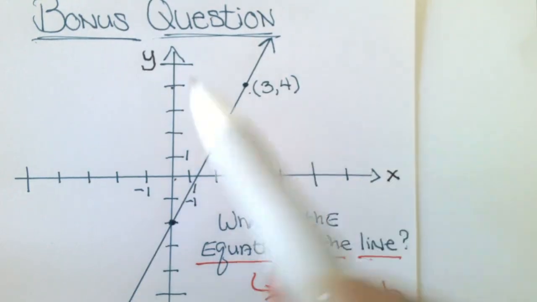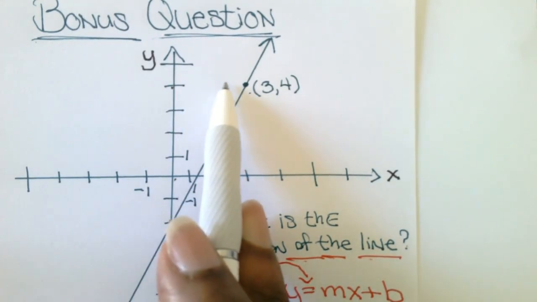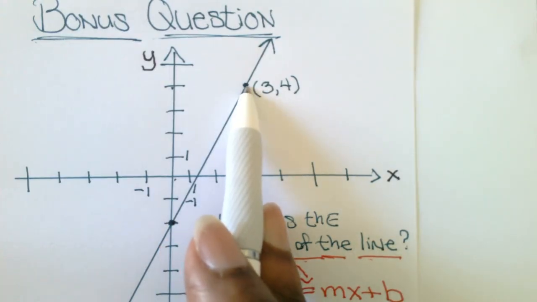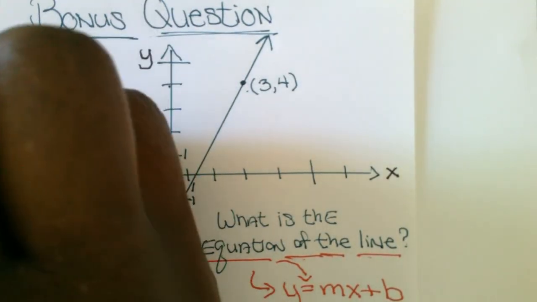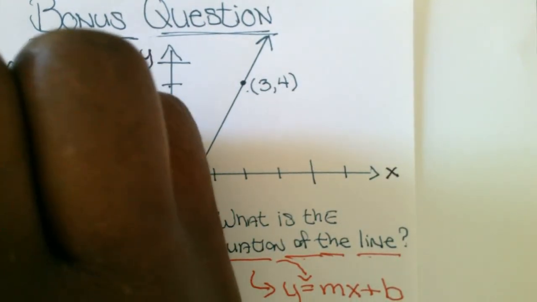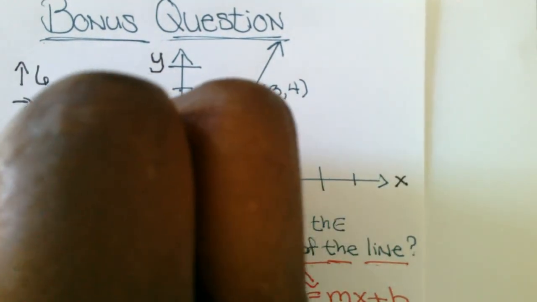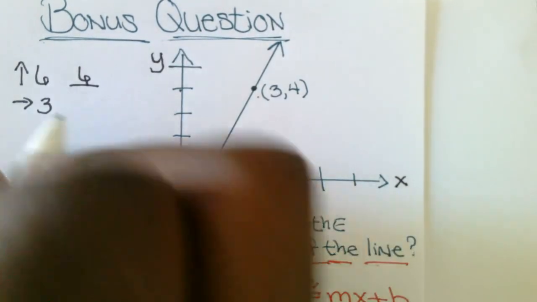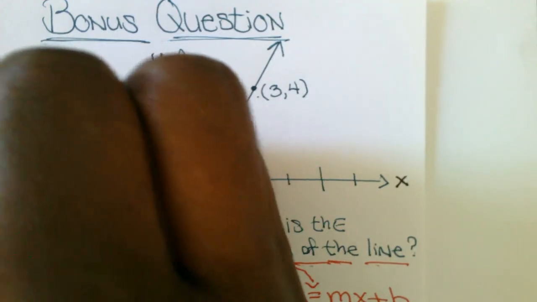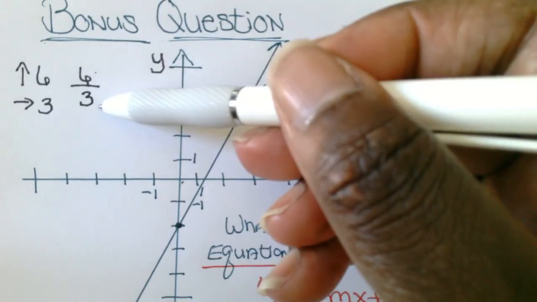So I'm going to go up 6 and then over 1, 2, 3. My rise was 6 and my run to the right is 3. Going up was positive, so that was a positive 6. Going right is positive, so that's a positive 3. So my rise over my run is 6 over 3.